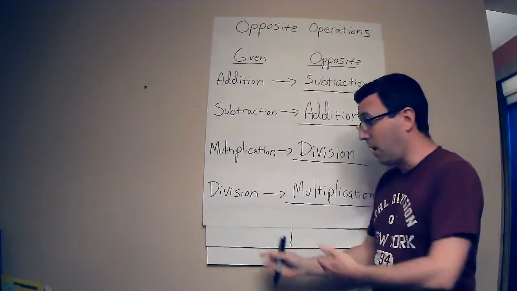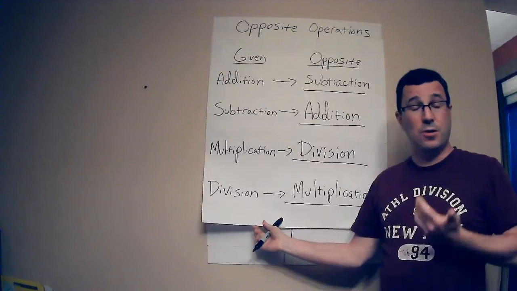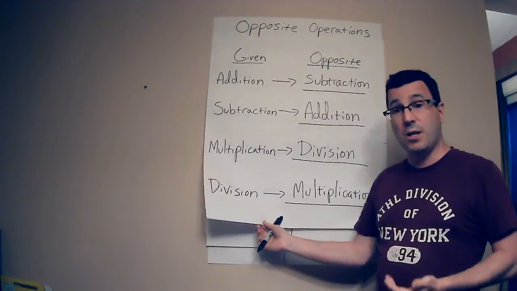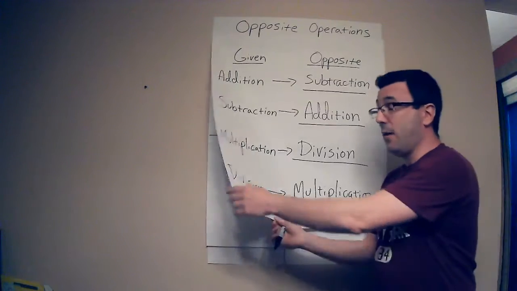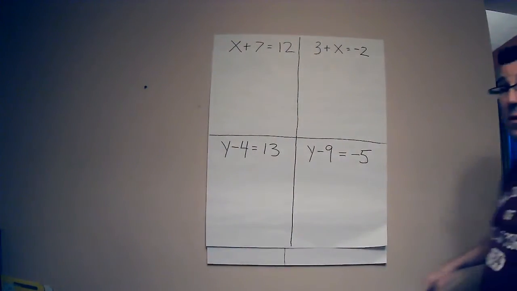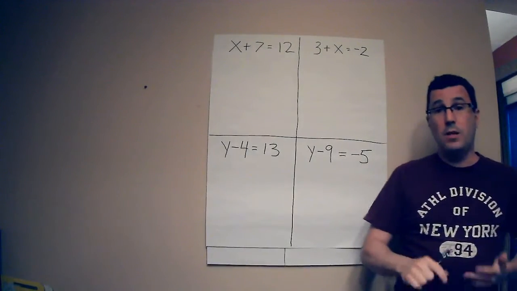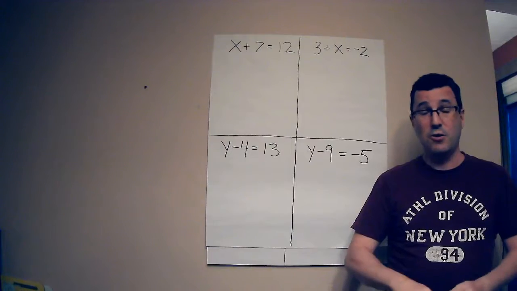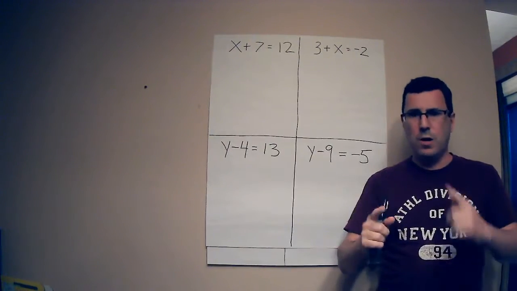Now, I'm starting with one-step equations because one-step equations only deal with one operation at a time. Meaning, if I'm given a problem, then I'm only dealing with one operation. When we get to 2-step or multi-step equations, then I have to go, well, which one am I going to do first?